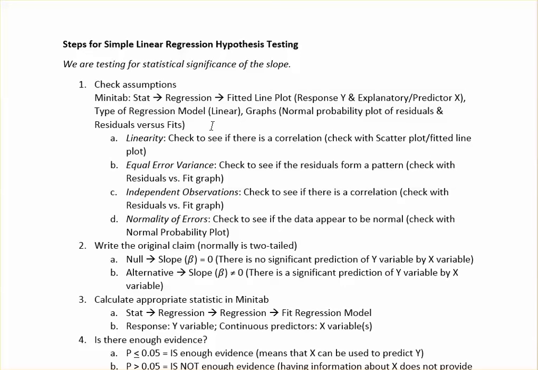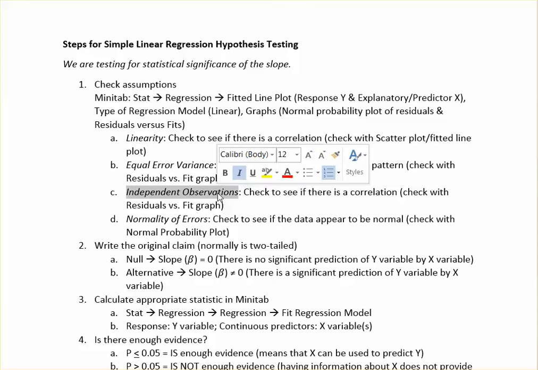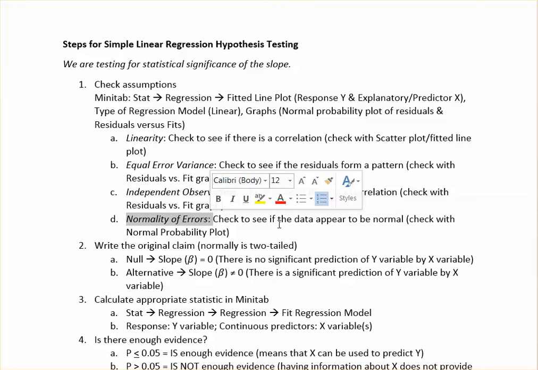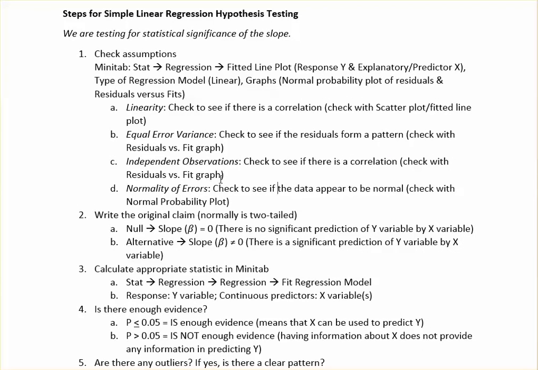Based on those, you would check for linearity, equal error variance, independent observations, and normality. I'm not going to go into this a lot because there's so much here that it's a completely different video. Make sure to watch the video where I explain these four things, because you have a quiz on this, you will have homework, and you'll have to talk about it for your project. That's why I'm doing those four things as a completely separate video.